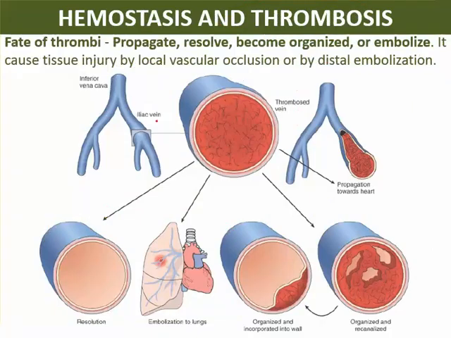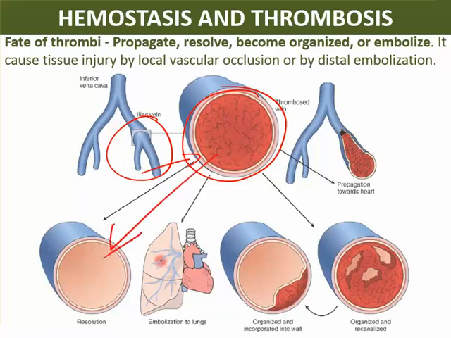So this is a normal blood vessel, for example, and if a thrombus is formed, you can see the clot here. So what happens is, if we have a good fibrinolytic mechanism, the clot will be lysed. The clot will be completely removed. That is called resolution.